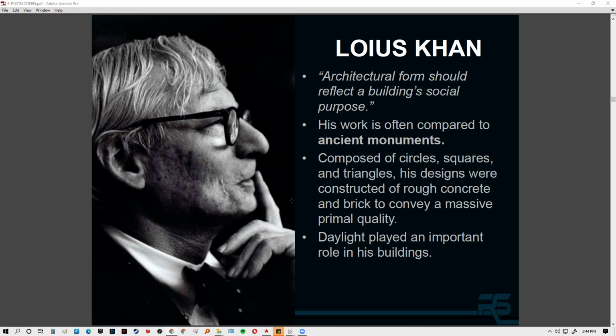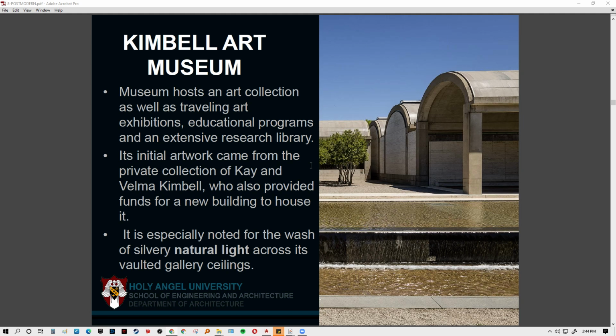However, his works are often compared to ancient monuments because of his composition of shapes with the structure, use of rough and sometimes bare concrete, and massive bulging forms, and play of lights with his buildings. A good example of his is the Kimbell Art Museum.